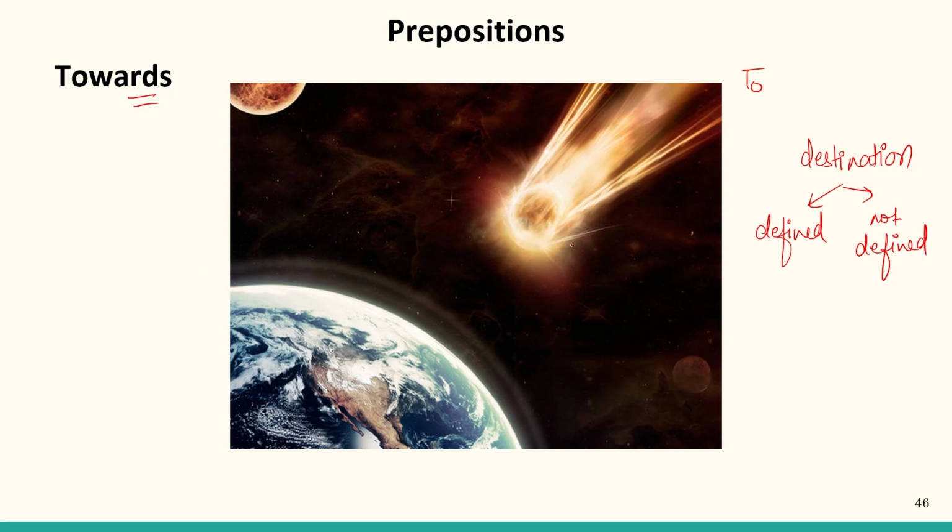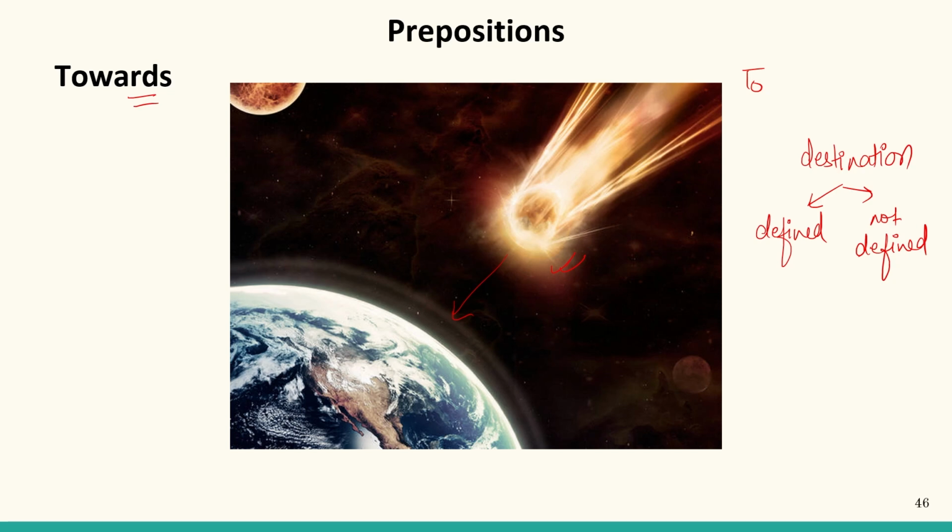Now we can see this asteroid. It is coming towards the planet. Maybe it is Earth. Now it is coming towards the Earth. Maybe it is possible it goes in some other direction.